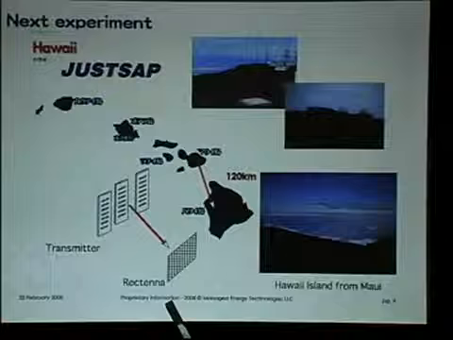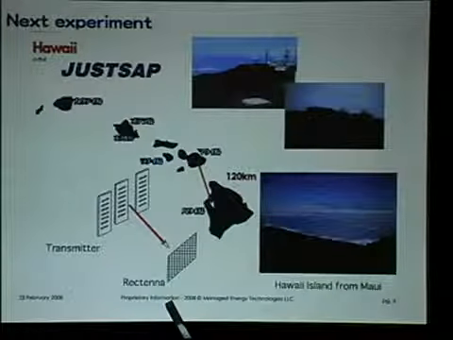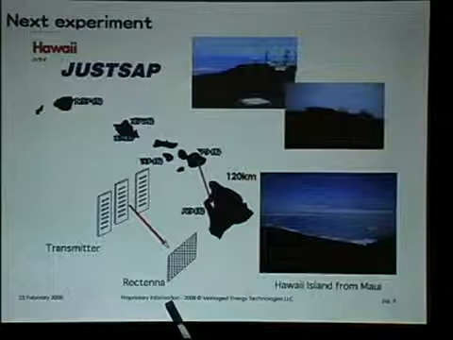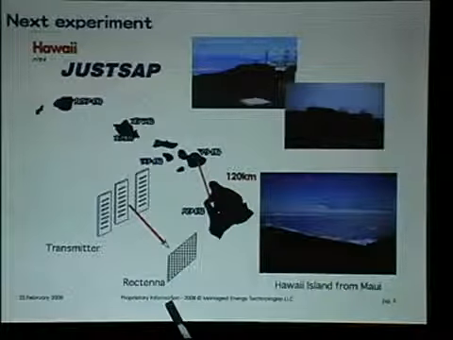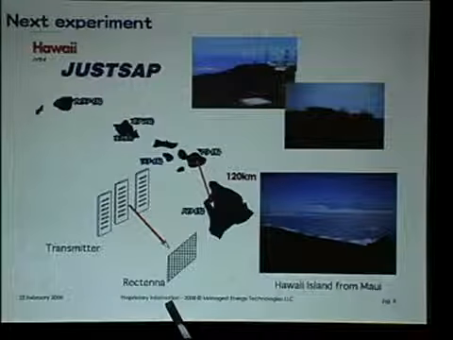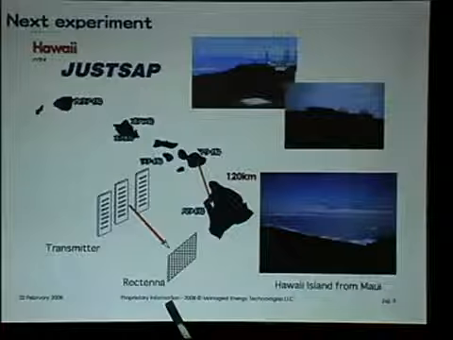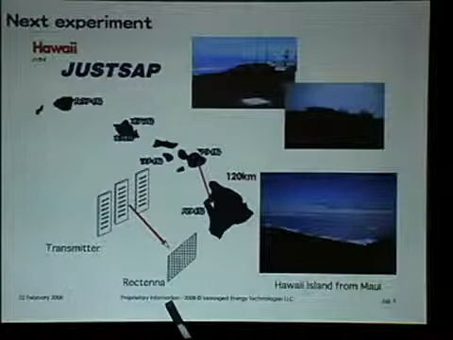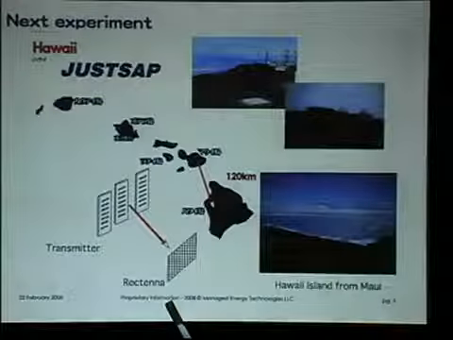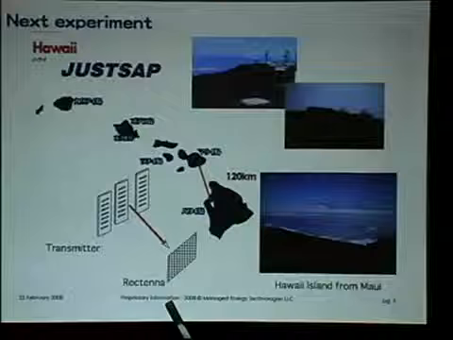One of which is Mauna Loa. We brought our transmitting antenna to Mauna Loa, and the receiving antenna to Haleakala. So we tried to perform a long distance microwave transmission experiment.